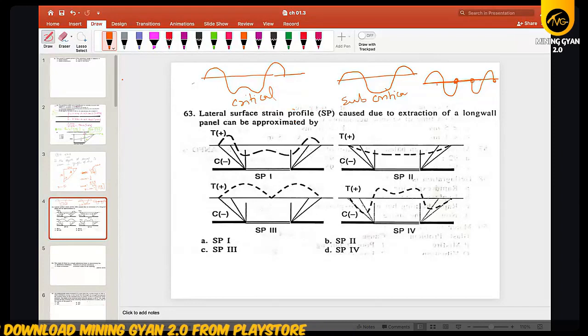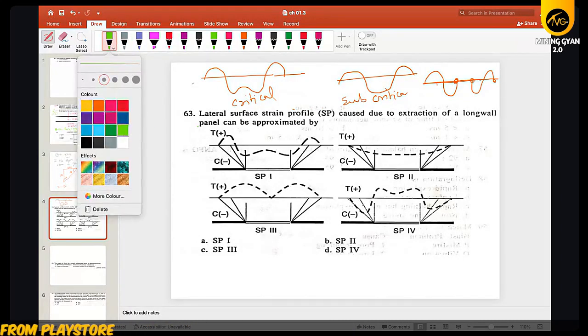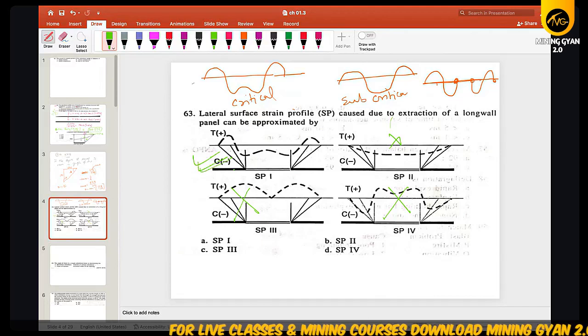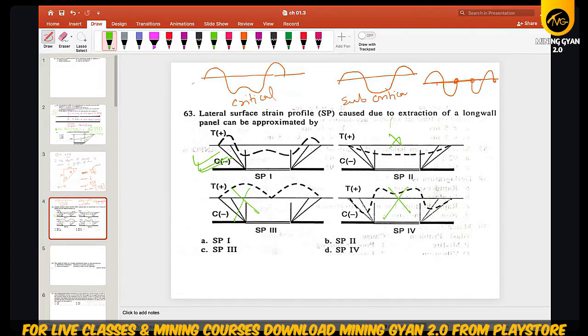In the strain profile, you should know this is your subsidence graph. And the strain graph never goes upward, so that will also not be the answer. So only one answer looks like a critical subsidence.